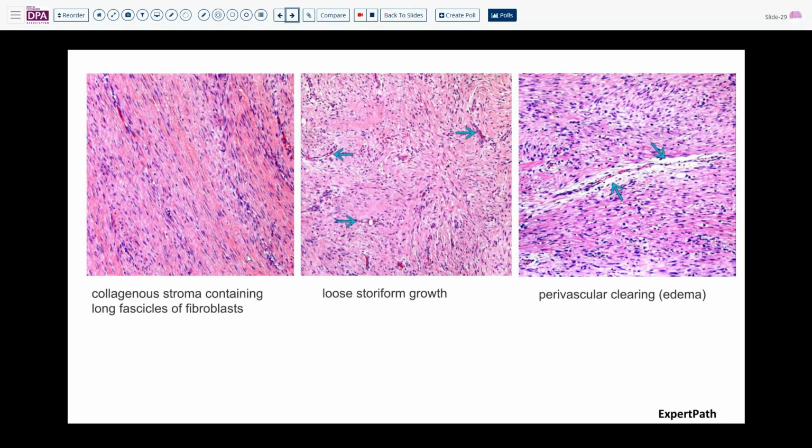They can also form a loose storiform growth, so use your imagination. Then one characteristic feature is a vessel with a clear space around it. You can also call this edema around the vessel, one of the characteristic features if you can find it.